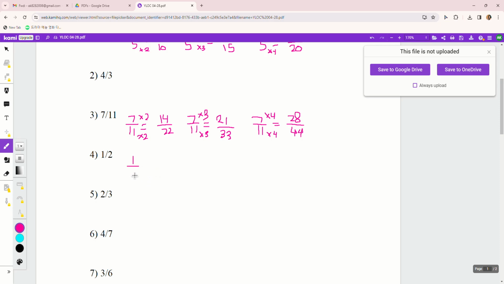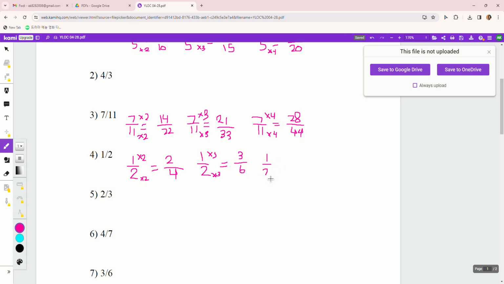Next is 1/2. So 1/2. If you multiply by 2, you get 2/4, which is also equivalent to 1/2. And also you can do times 3 to each side, and you would get 3/6.